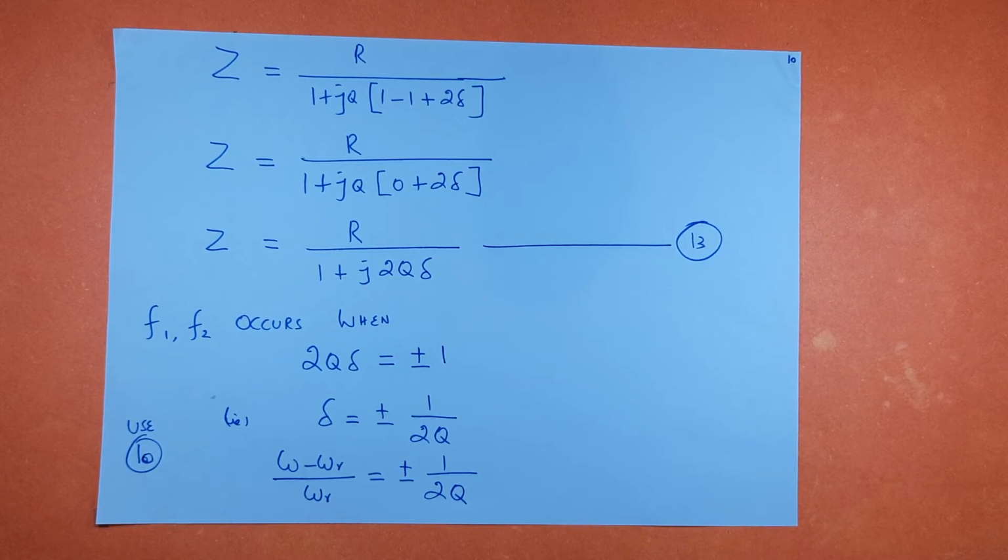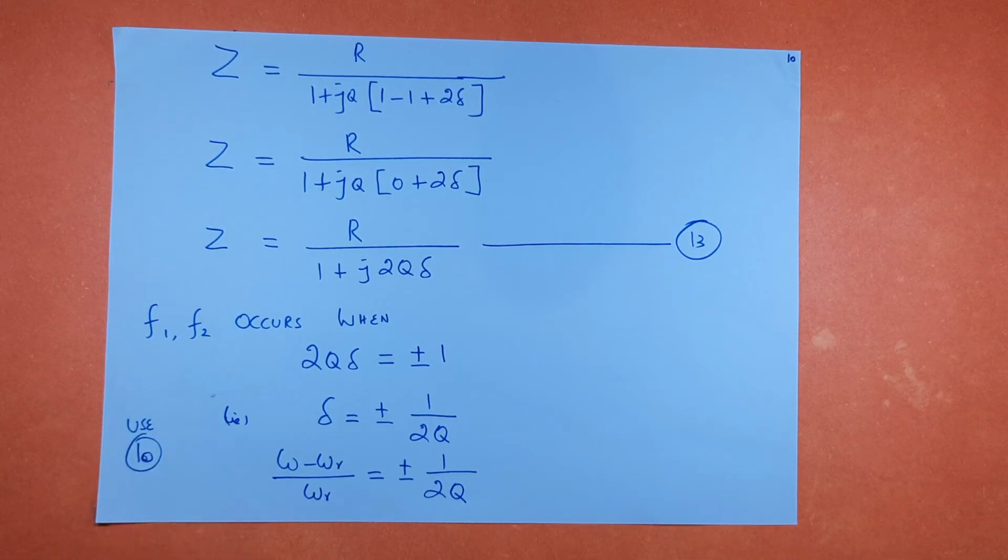We are just removing the bracket. Z equal to R divided by 1 plus JQ. So 1 minus 1, 0, 0 plus 2 delta. Z equal to R divided by 1 plus J2Q delta. This we call equation number 13.